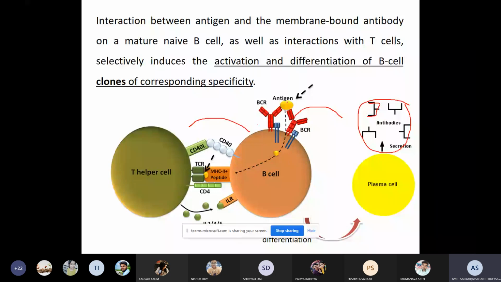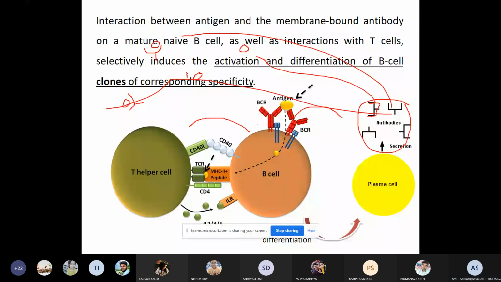This particular antigen, say yellow in color, is spread about different nooks and corners of our body in different tissue spaces. So this soluble antibody will now migrate through blood and lymph to those spaces, and then it will bind and try to neutralize the microorganism or the antigen.